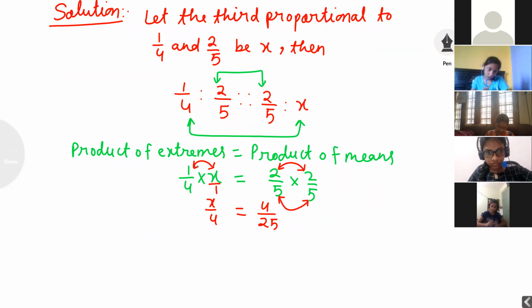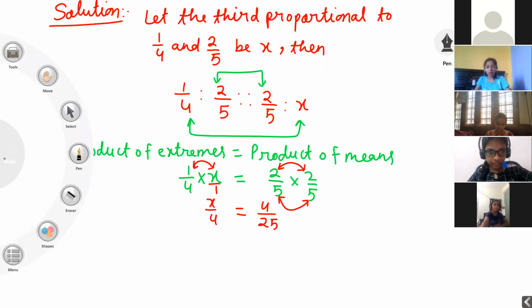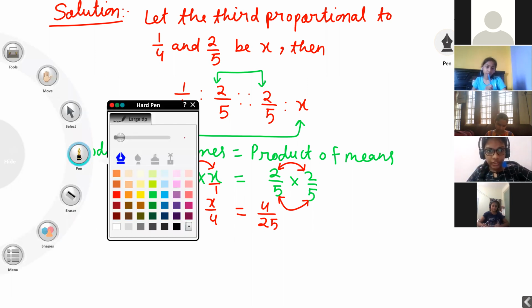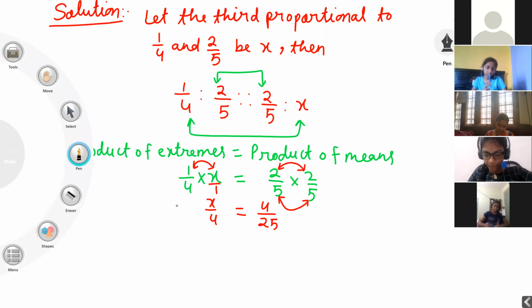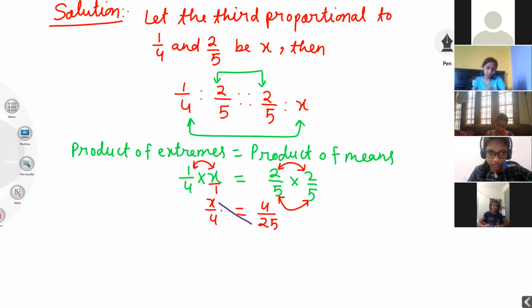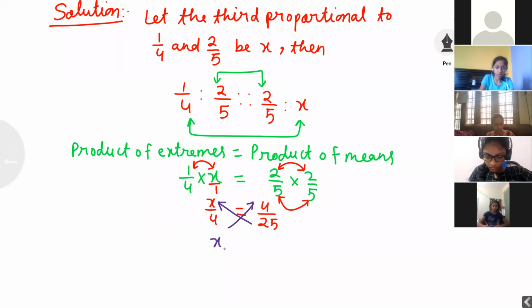Again, how to solve? We can do cross multiplication. What is the meaning of cross multiplication? x into 25 is equal to 4 into 4.